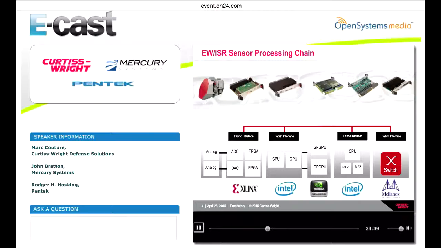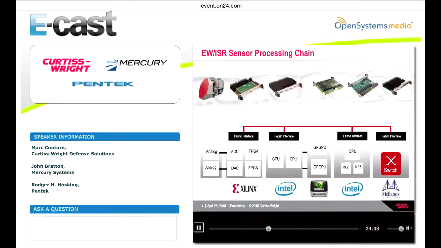Continuing on, single-board computers are often at the conductor's helm, but for I/O, there's a lot of I/O besides just the front-end sensor ingest. There can be storage for radar environmental simulators, for instance, and just general-purpose I/O. And then finally, the concept of a switch.